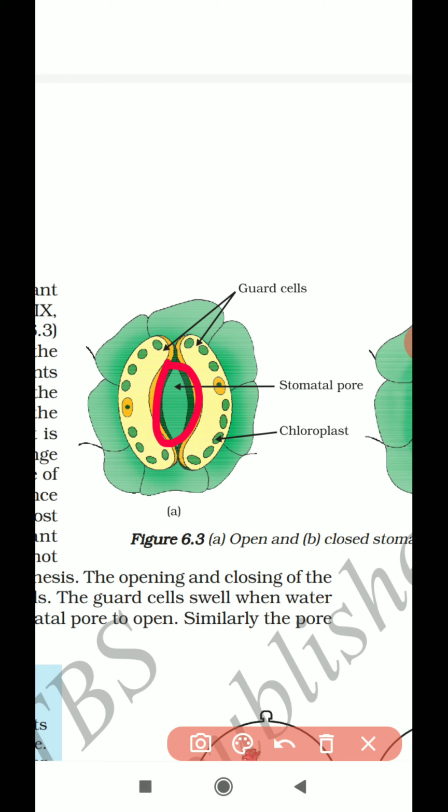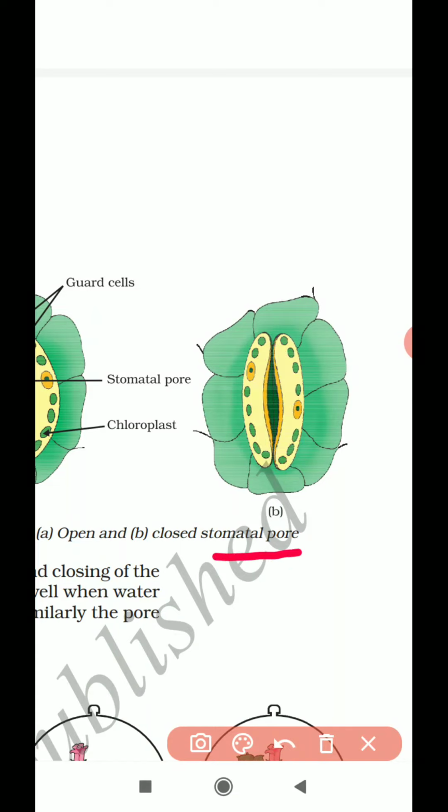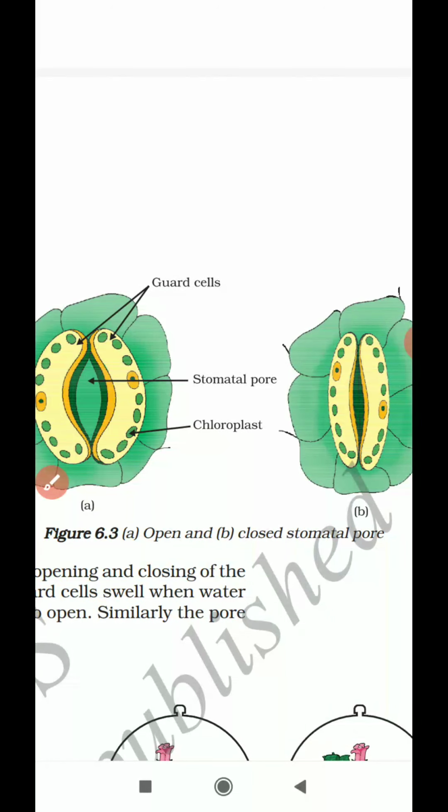So sometimes this pore gets closed like this. Why does the pore get closed? Sometimes water also gets expelled out through the stomatal pore, and the plant doesn't want to waste the water.